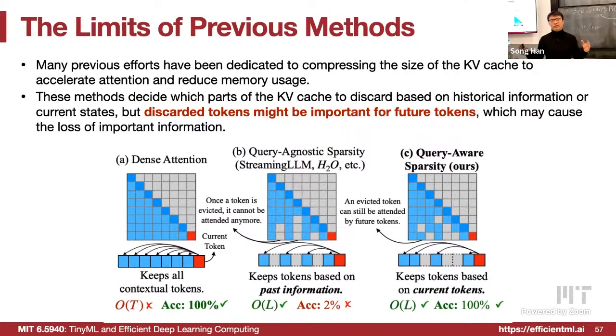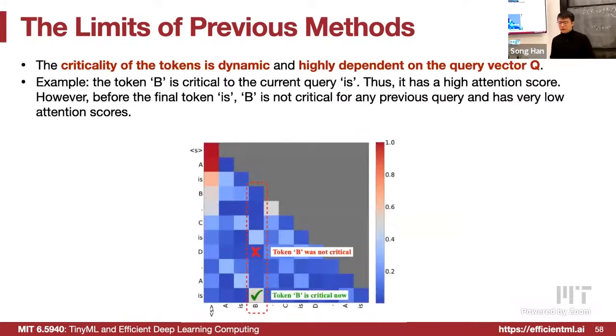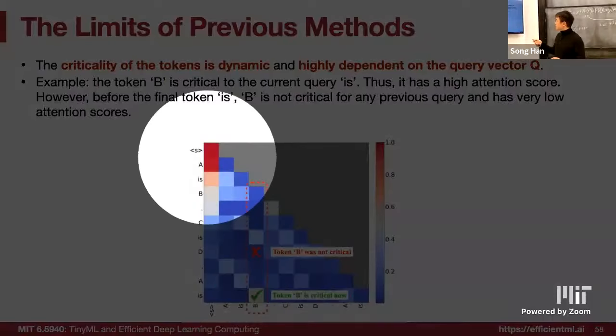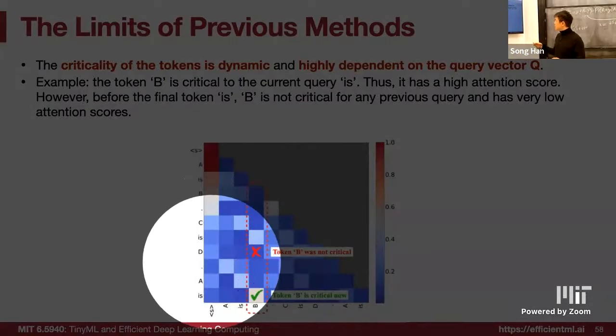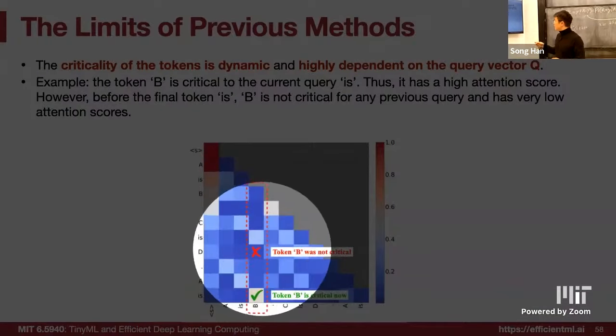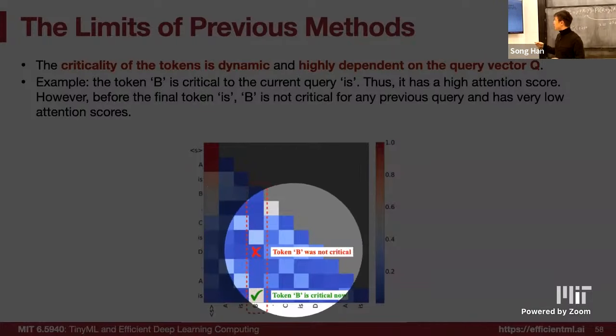So the sparsity pattern of the KV cache should depend on the new query token which you are decoding. Let's see an example of why query-aware sparsity is crucial. In this sentence, "A is B, C is D, A is," at this moment token B is not critical.